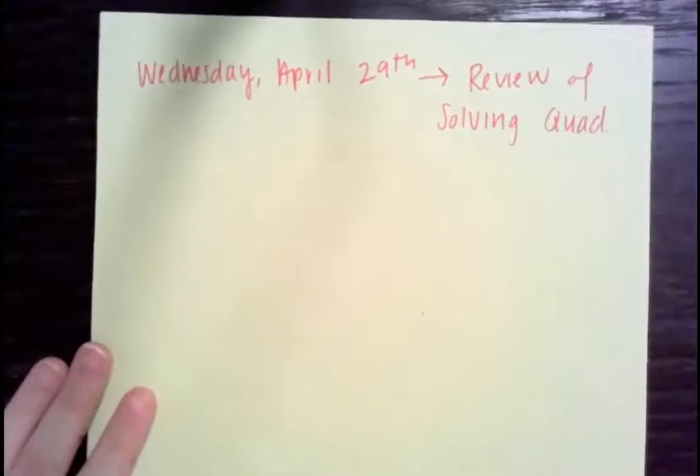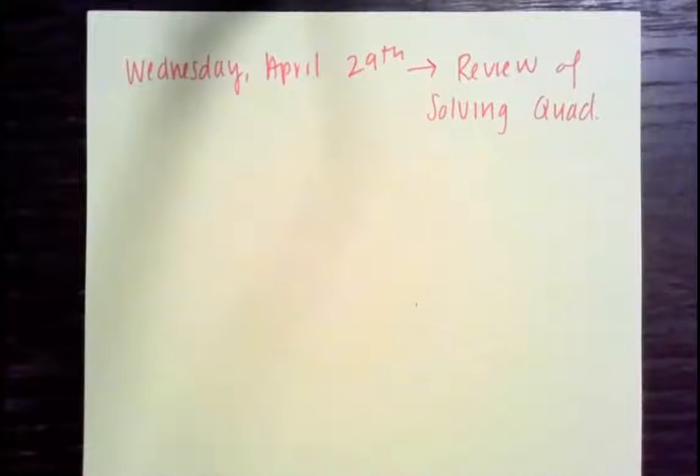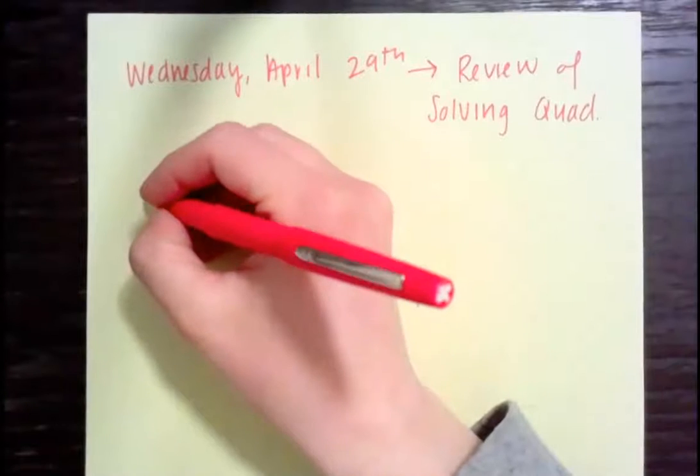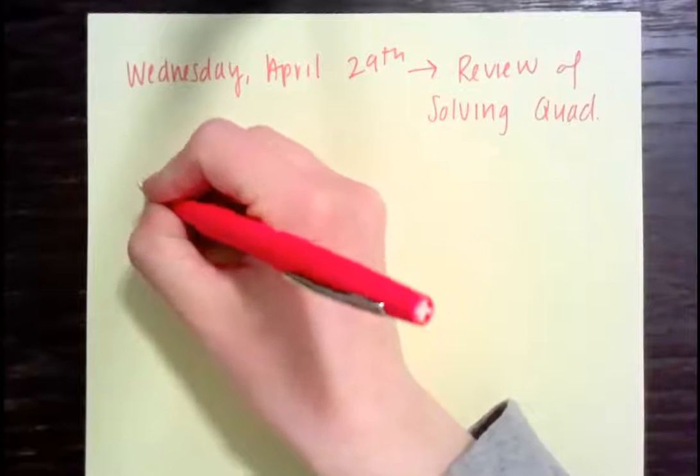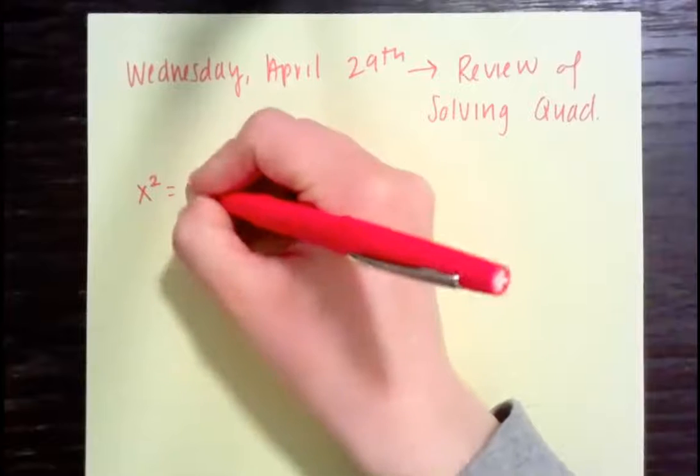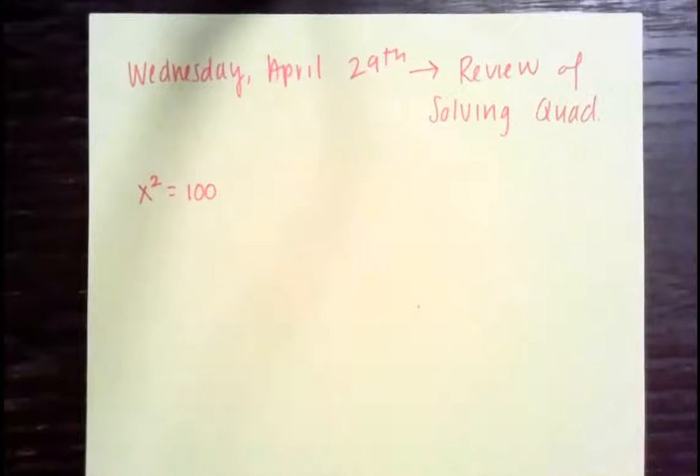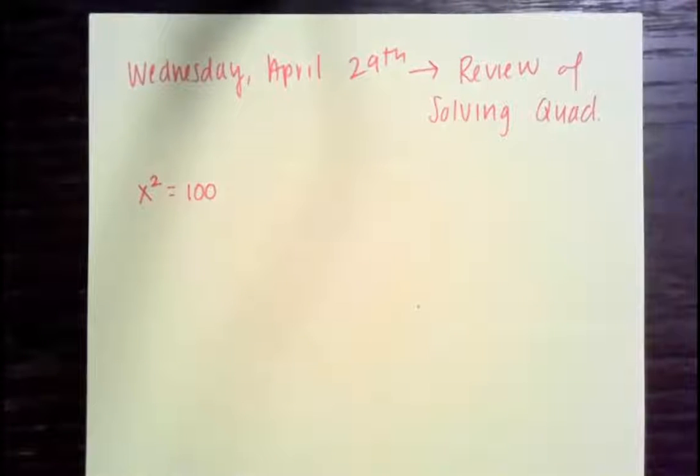Perfect. Okay. So after you do the graphing ones, you are going to be given the square root problems, okay? I think the first few start up pretty basic. It's something along the lines of x squared equals 100. So I want to solve this using the square root method.